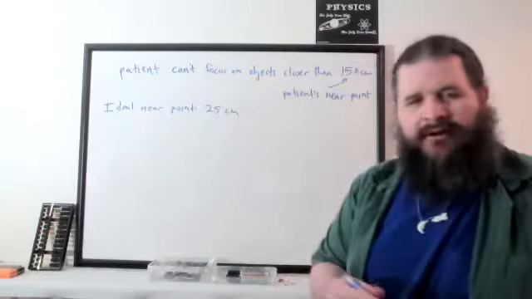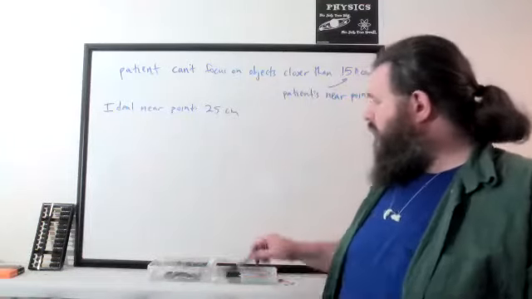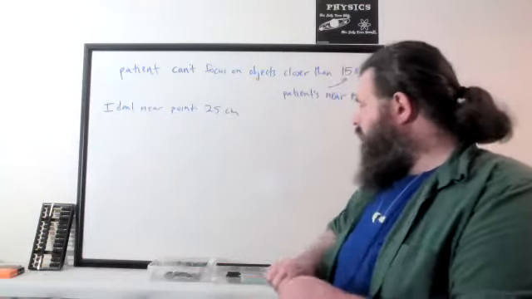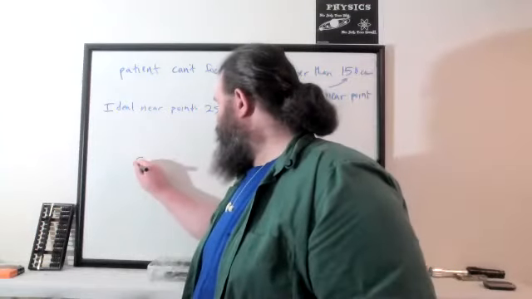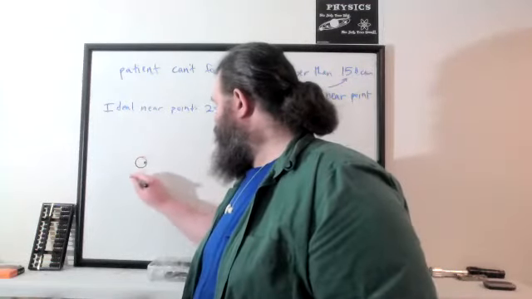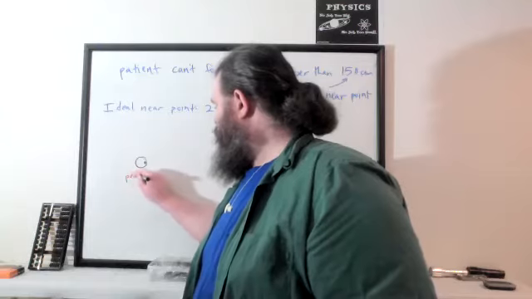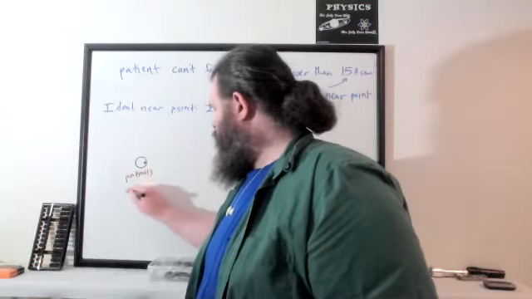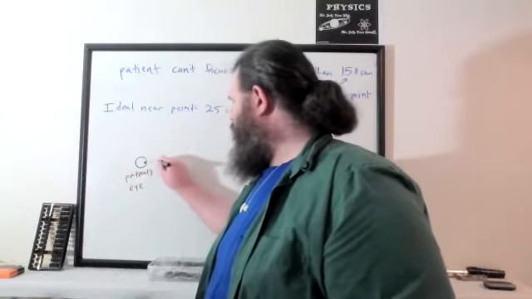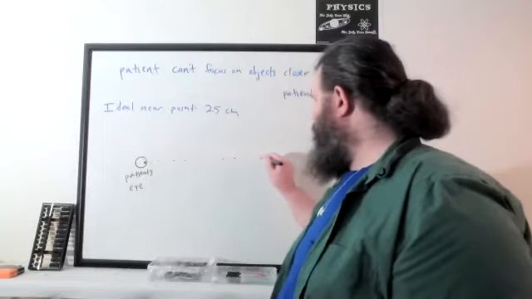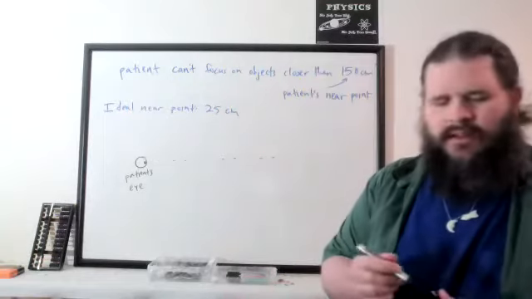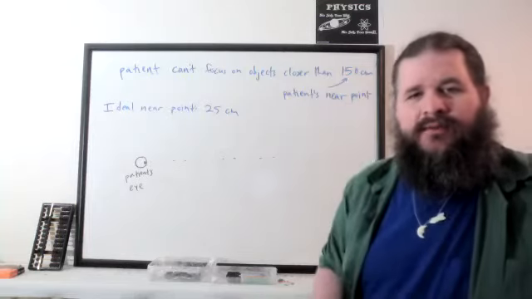So let's draw out a diagram of this. Let's say the patient's eyes are right here, so we'll be measuring everything from there. And we'd like to be able to put an object at what location?